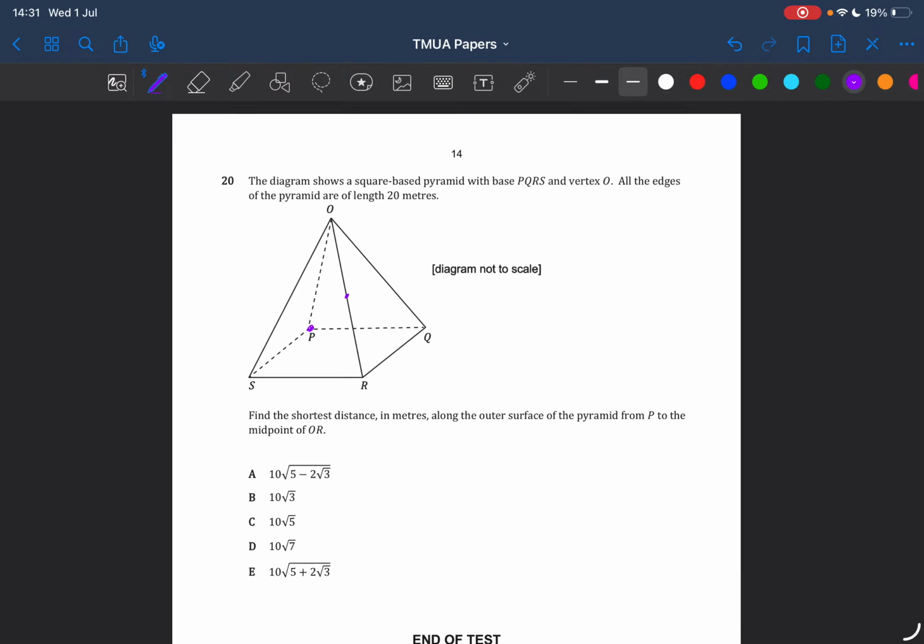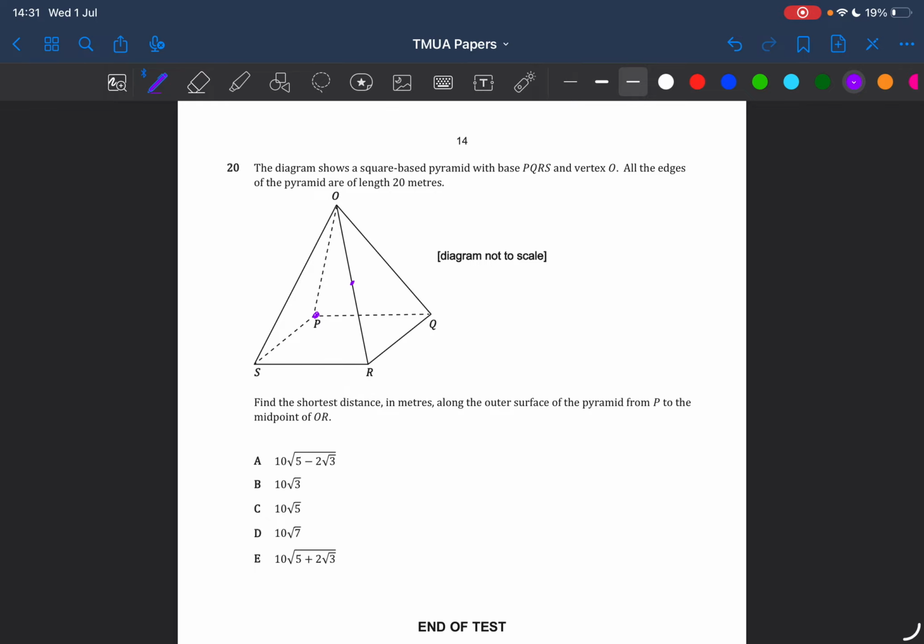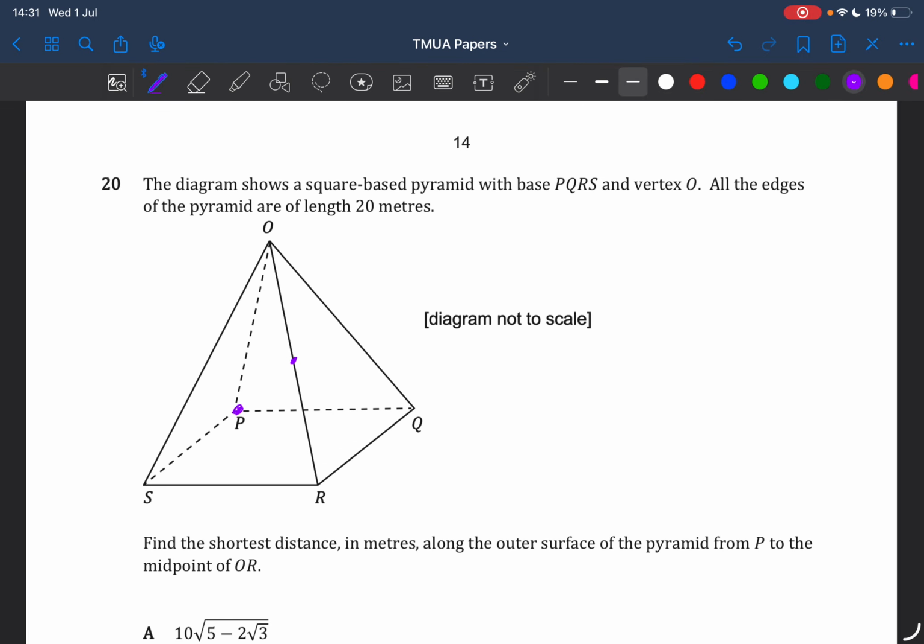So how many ways could we get there? We can go along the bottom like that, and then up R to O. We could go up and over, I'll do that in red, and then back down that side. I think that should be longer.